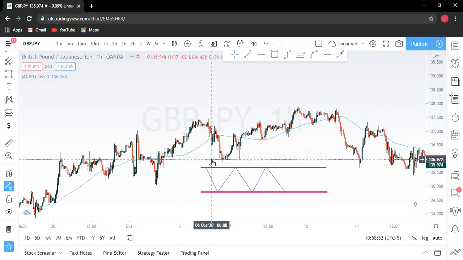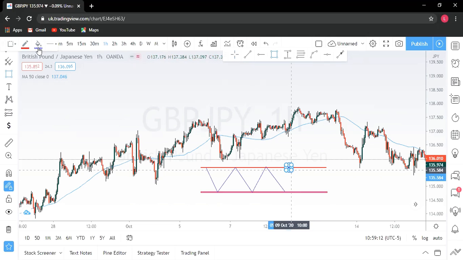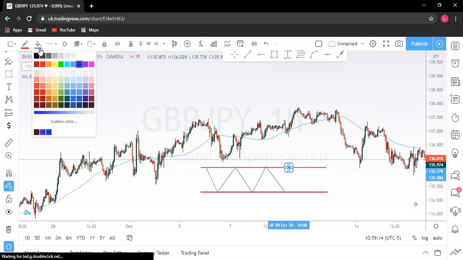That was the reason why I sent you the Candlestick Bible, which I believe you should have read by now. Among the candlesticks you need to put into consideration on your resistance is the candlestick known as the pin bar.